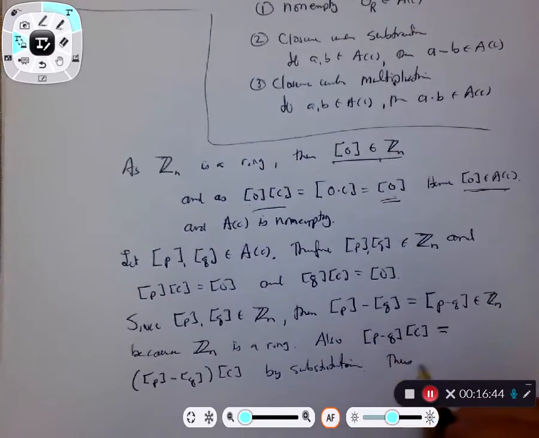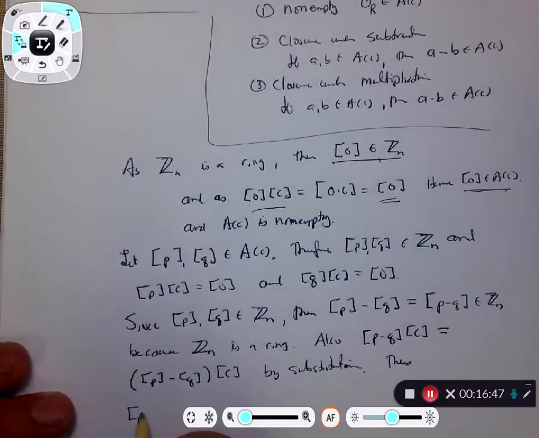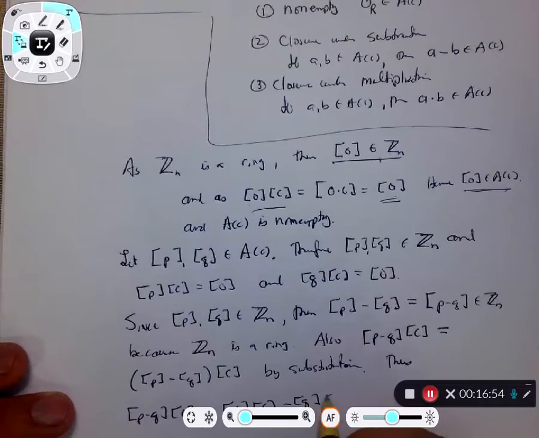Thus, equivalence class P minus Q times C would be equal to P times C minus equivalence class Q times C by distribution.